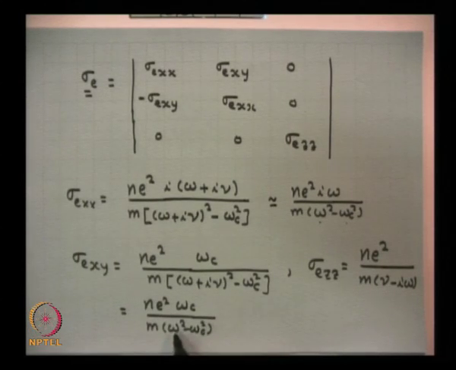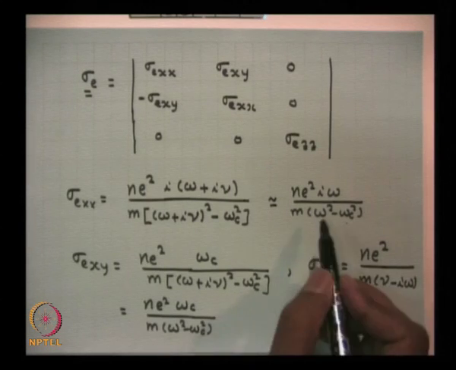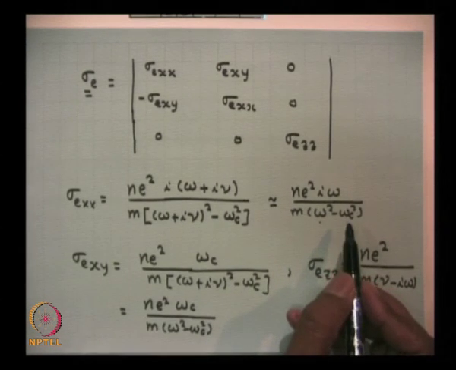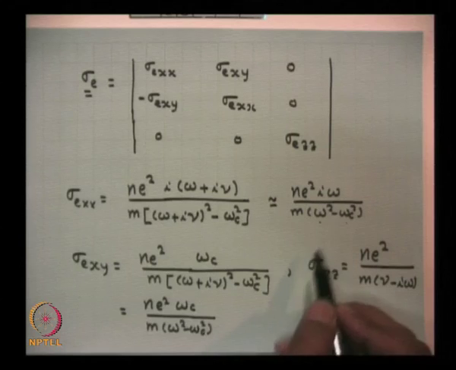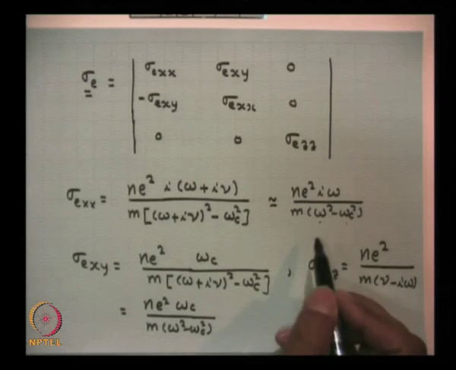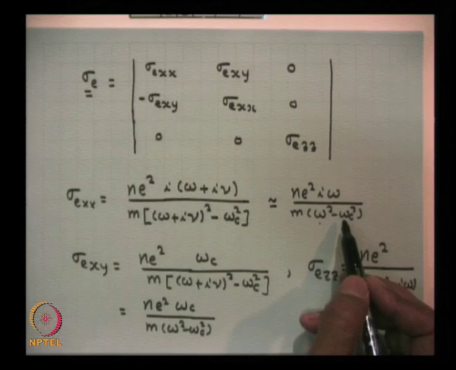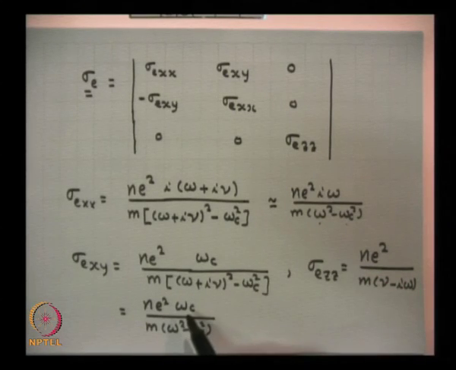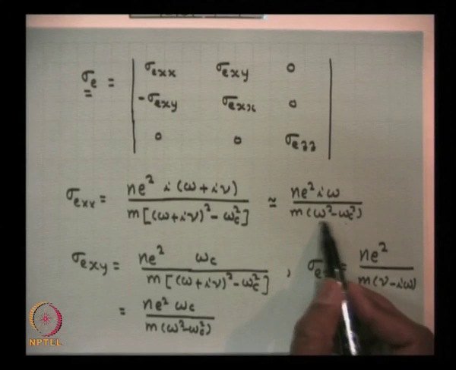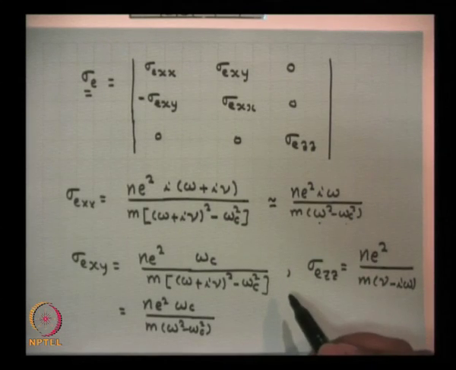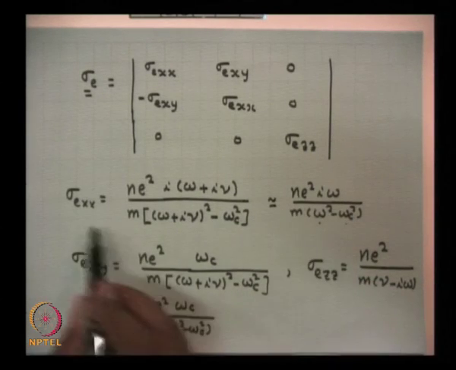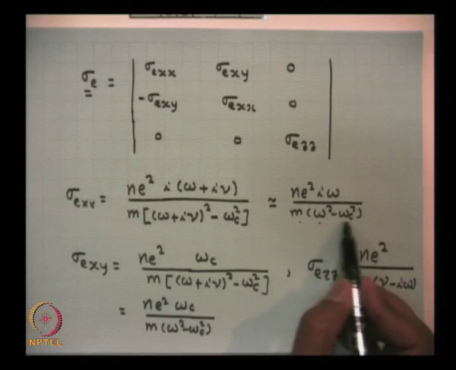So this is one important consequence of applying a magnetic field. The magnetic field not only confines the plasma, it can enhance the conductivity immensely in the vicinity of the cyclotron frequency. Secondly, if omega is much less than omega c, then sigma Exx goes as n e square upon m omega c square.